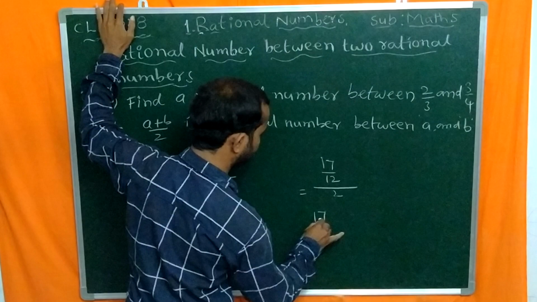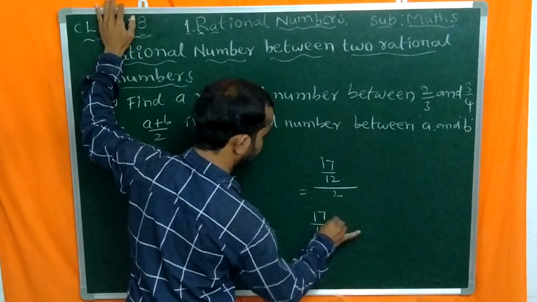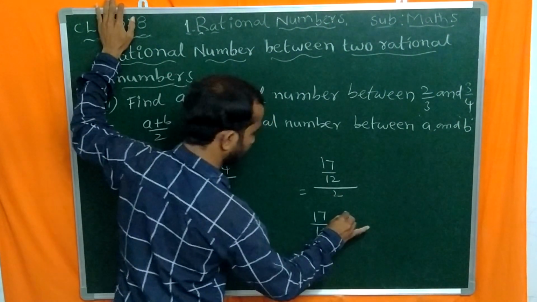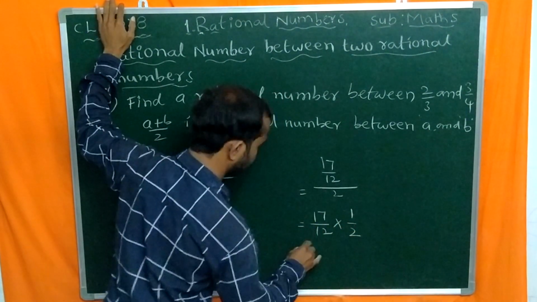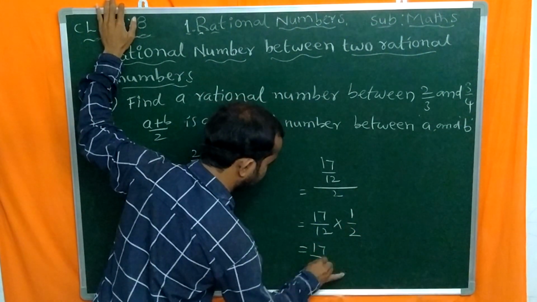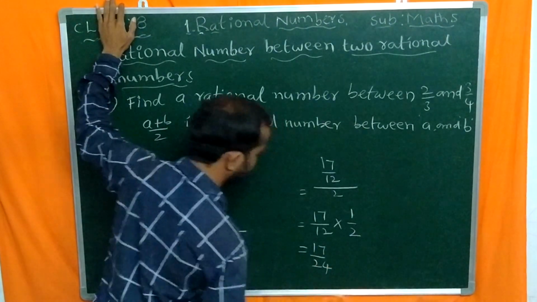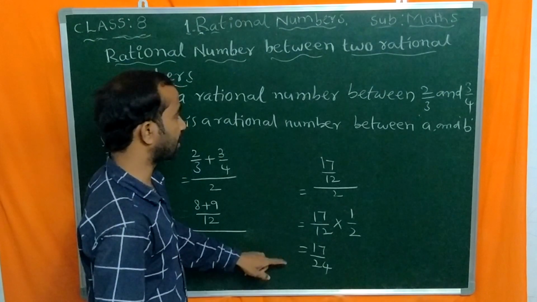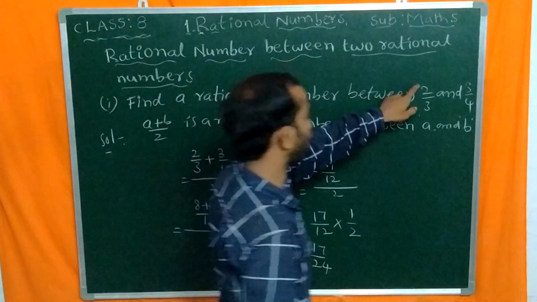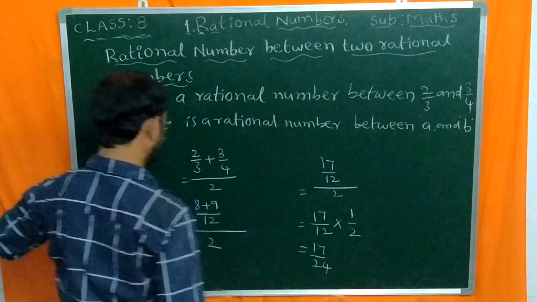So 17/12 times its reciprocal 1/2 equals 17/24. So 17/24 is a rational number between 2/3 and 3/4.